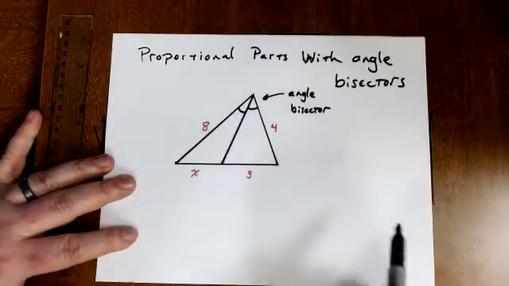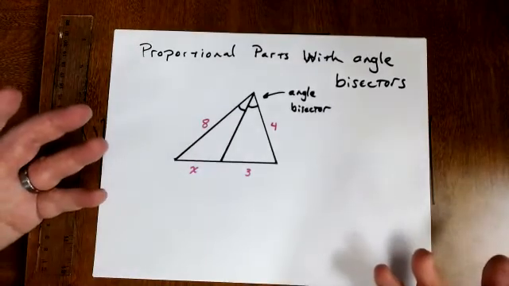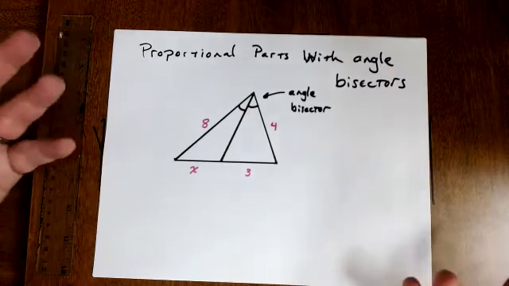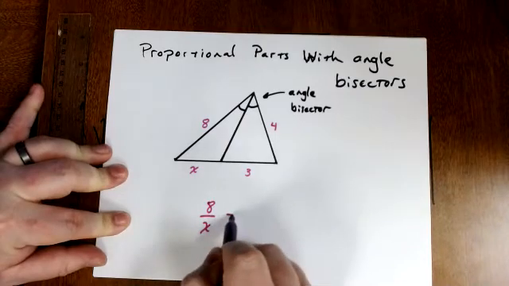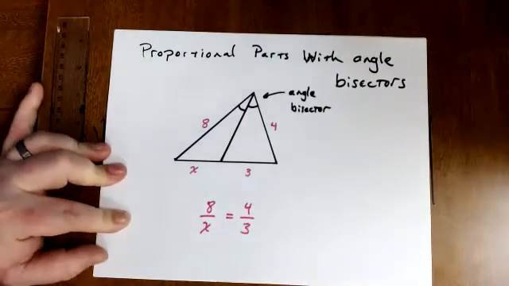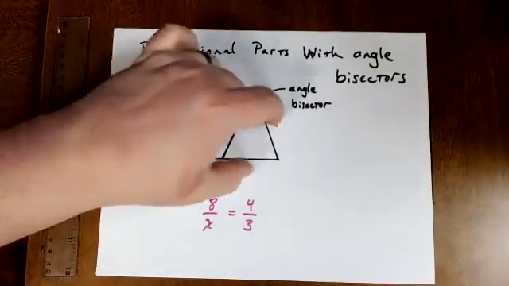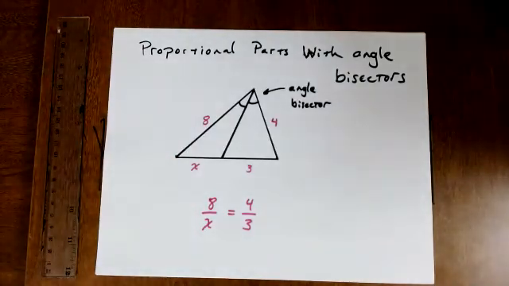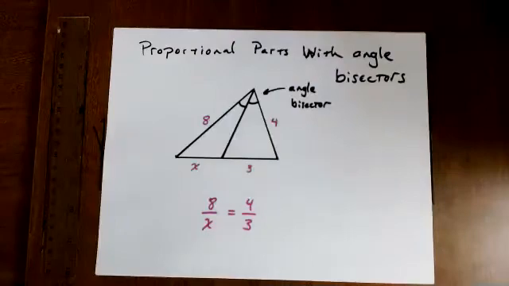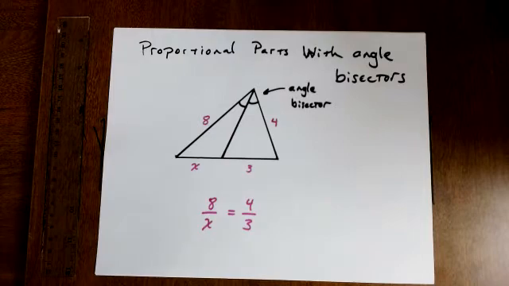Now, what's kind of nice about these problems is that you're already looking at the proportion. You see how the pairs are already right in front of you? And now you just cross multiply. It's really not that bad, but we're going to see how some information is going to make us think a little bit. It's not going to be too bad.